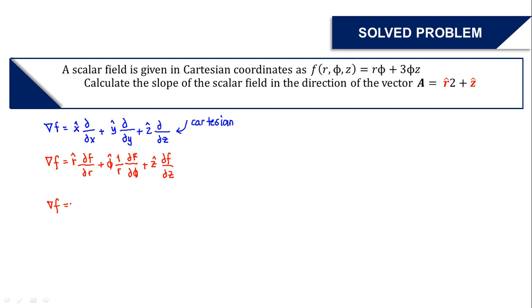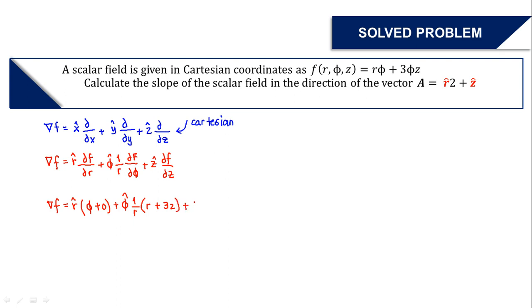The gradient of our function now becomes r hat. Ano yung partial derivative with respect to r? Sa una, we have phi, right? Plus 0, plus phi hat 1 over r times partial derivative of the function f with respect to phi. So, una dyan is r plus 3z. Okay? Yan.